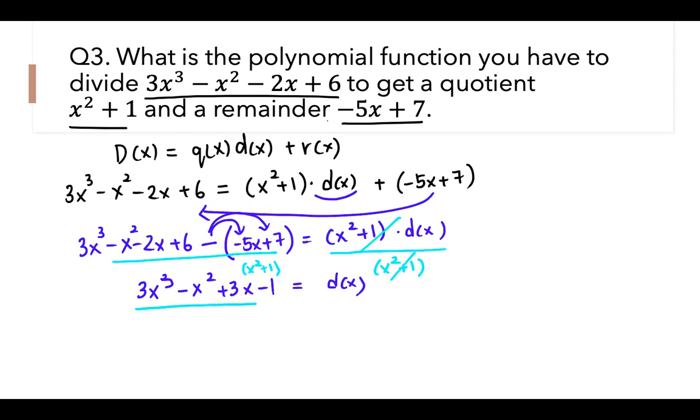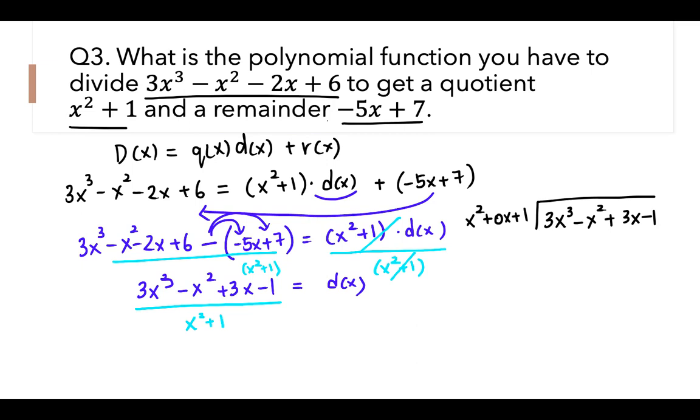So when you get to this point, what we can do is actually divide a polynomial. So on the side, I'll be writing the dividend 3x cubic minus x squared plus 3x minus 1, divided by x squared, I'm going to fill in 0x plus 1.